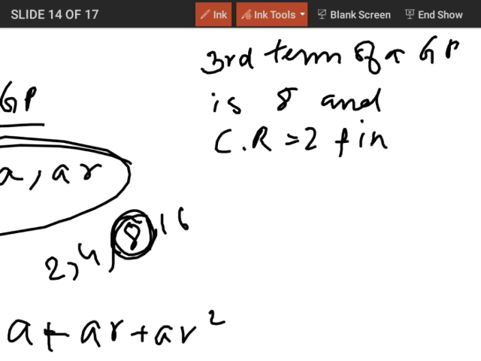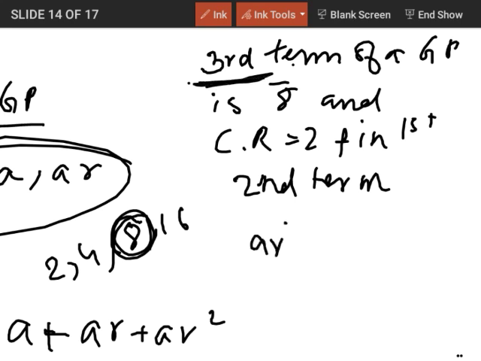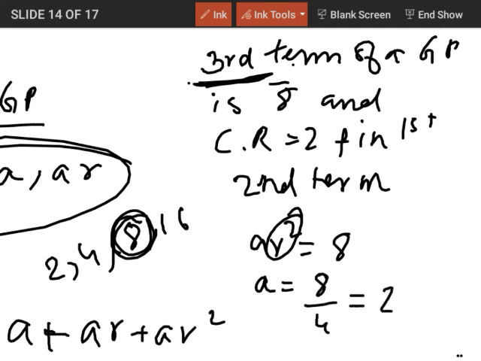Find the first term and second term. Now see, the third term is given to you, so we can write ar square is equal to 8, and that r is given to you as 2, so if you divide 8 by 4 you're going to get 2. That is the first term.